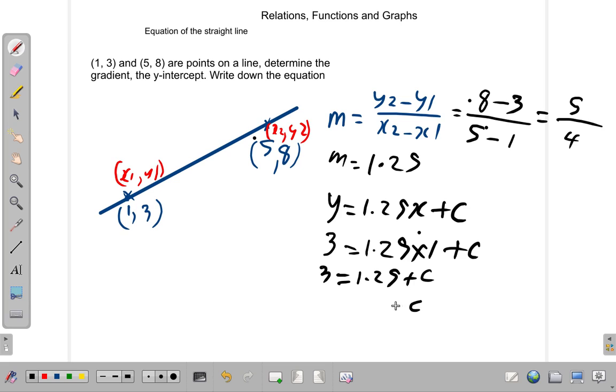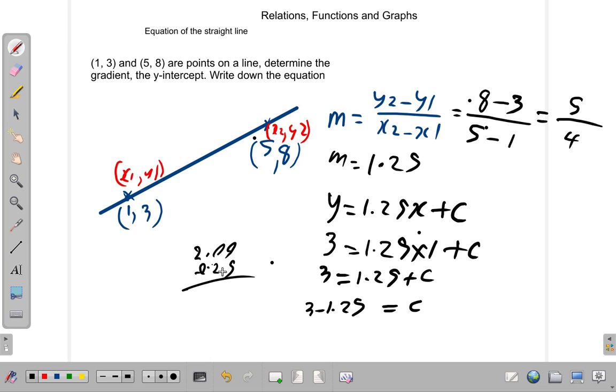Now c is going to be equal to 3 minus 1.25, right? 3 minus 1 is 2, and 2.00 minus 0.25.